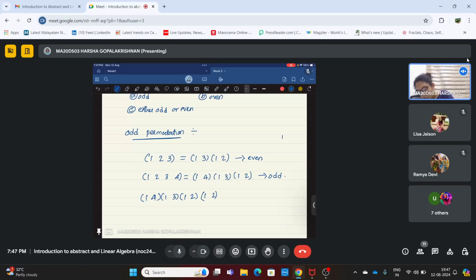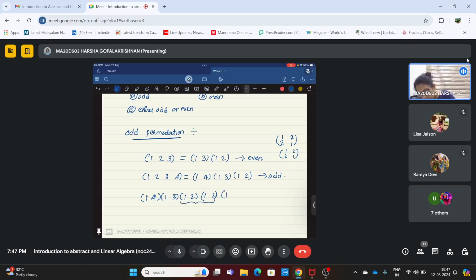Okay, that means 1 goes to 2 and 2 goes to 1, and again multiplying, 1 goes to 1. Similarly 2 will go to 2. So this will give identity.